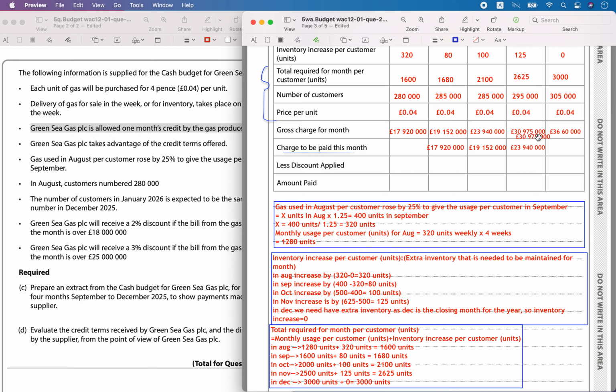I will pay it in September. Then the gross charge of September I will pay in the month of October, and the charge for October, 23,940,000, I will pay in the month of November, and the 39,75,000 for the month of November will be paid in December.